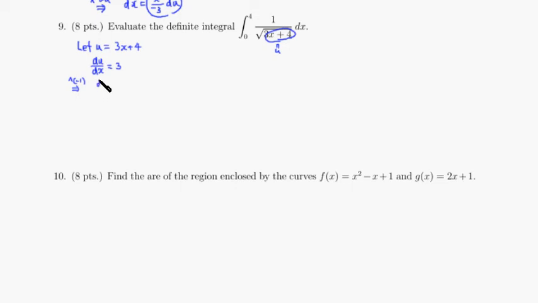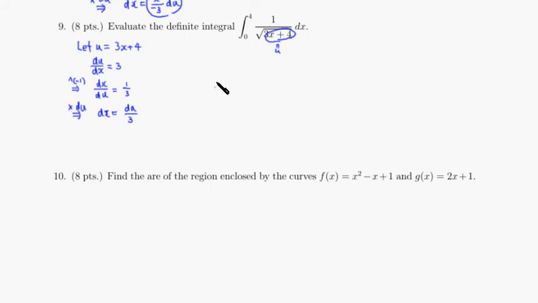We get dx over du is equal to 1/3. Then multiply through by du to get dx is equal to du over 3.